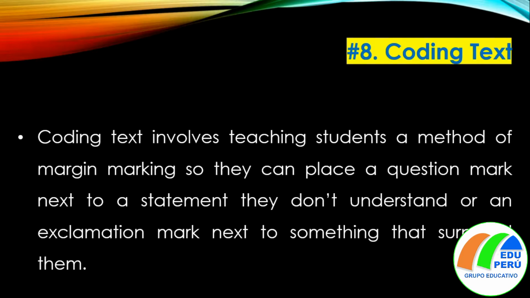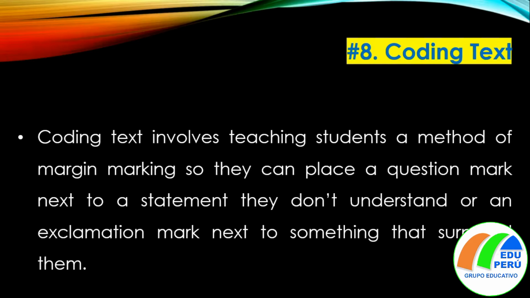They're going to put some marks. If they didn't understand a statement or a sentence, they could write a question mark. Or maybe they are surprised, so an exclamation mark. Or new vocabulary, new phrases, or new expressions that they have seen, so they can code them. When they read it again, maybe they could get a better idea.